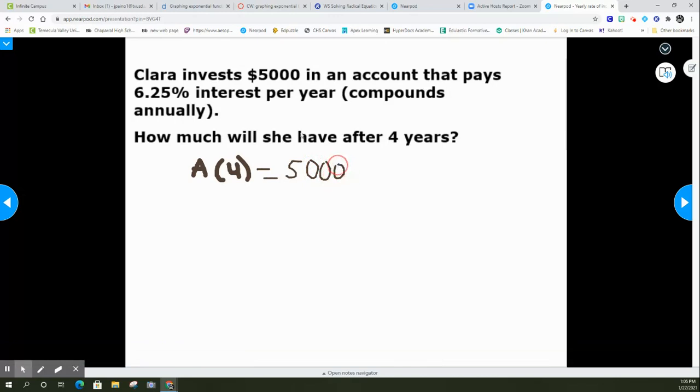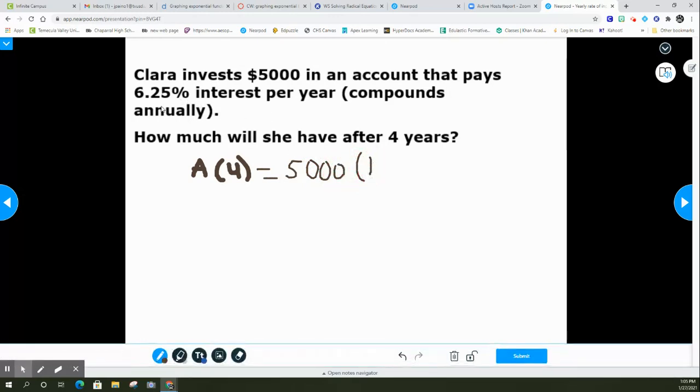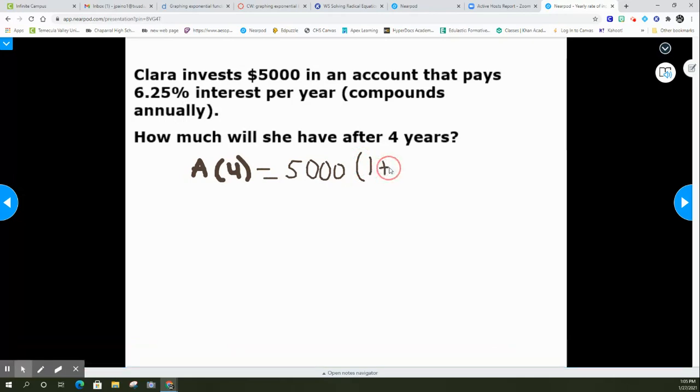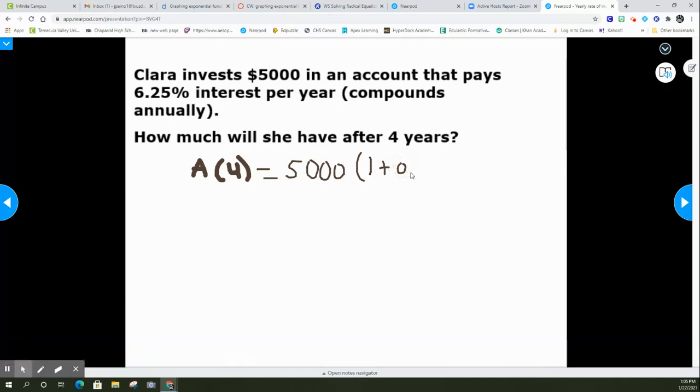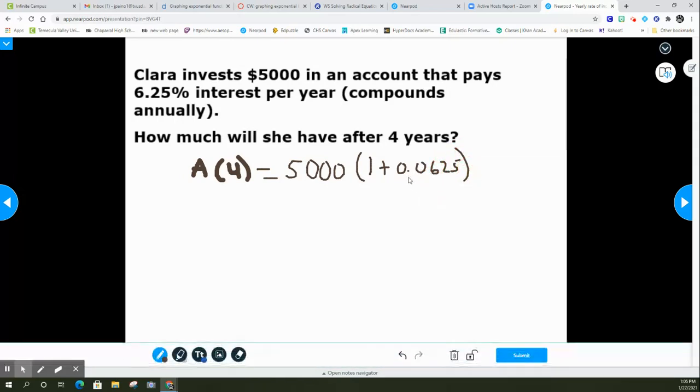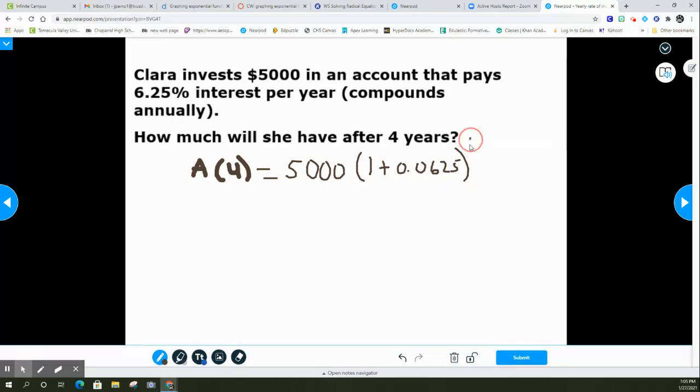So we're going to add that rate to 1, right? It's 1 plus r. And when we do this, what is 6.25% as a decimal? It's real important that you do this right. It is 0.0625. It's not 0.625. 0.625 would be 62%. Raised to the fourth power.